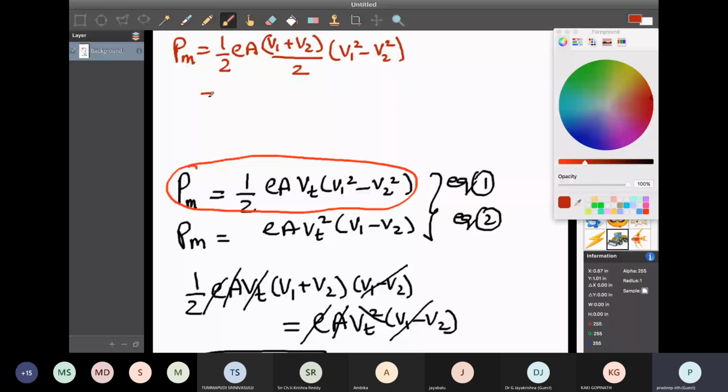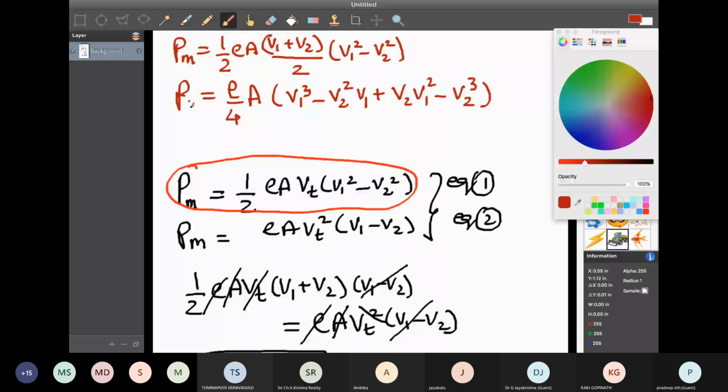With a little bit of simplification, rho by 4, since 2 into 2 will be 4, A will be the area of cross section, and here V1 cube, minus V2 square V1, plus V2 V1 square, minus V2 cube. So I've just expanded Pm. Now how to find the maximum of this value? Simply we have to do differentiation and equate to 0.